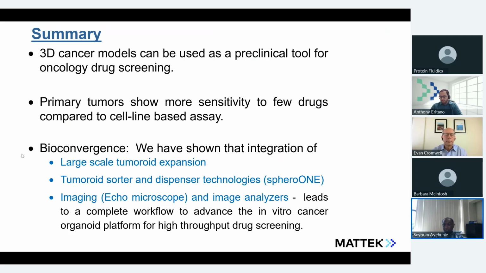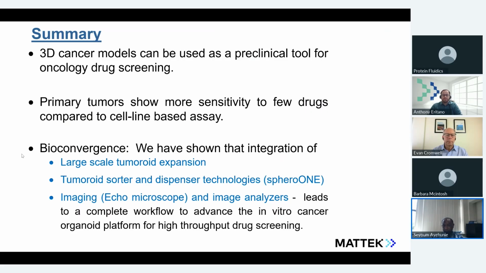And this is a good example of bioconvergence, where we show integration of large scale tumoroid expansion in the lab, and then the tumoroid sorter and dispenser technology to put them into a plate, and then imaging capability using a digital microscope and image analyzer, and that leads to a complete workflow to advance the next generation of drug screening systems.